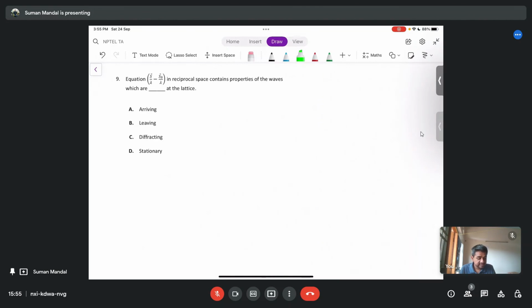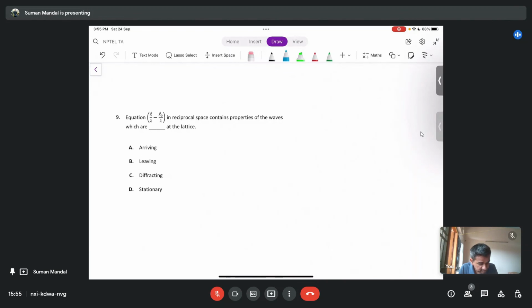So this is S0 by lambda, the incoming wave, the incident beam, and this is the outgoing beam. So you must have seen this equation in your lectures.